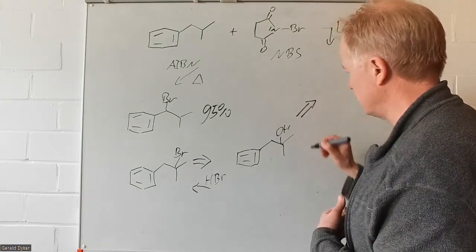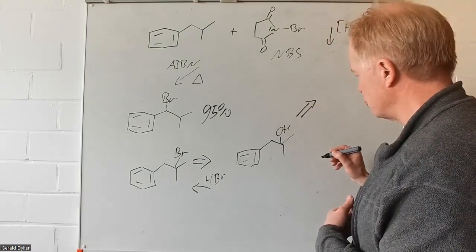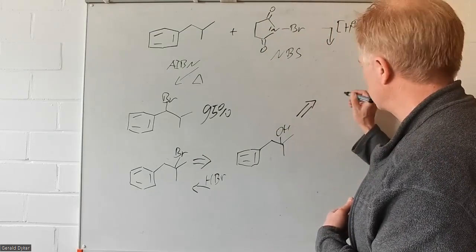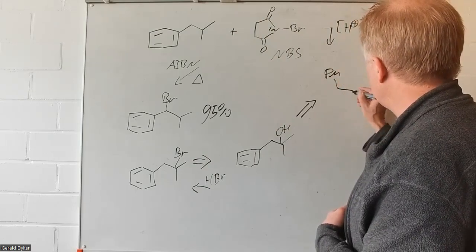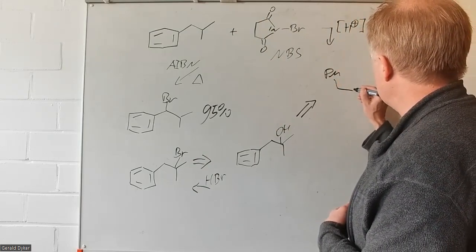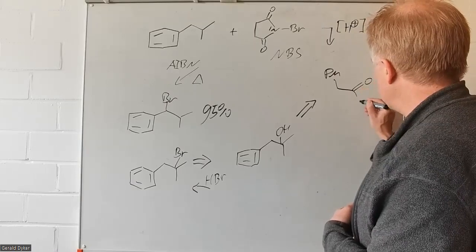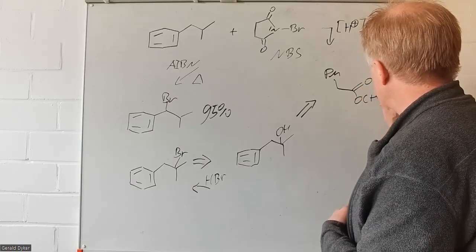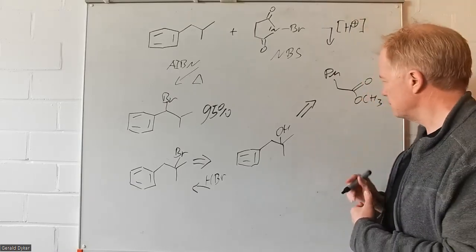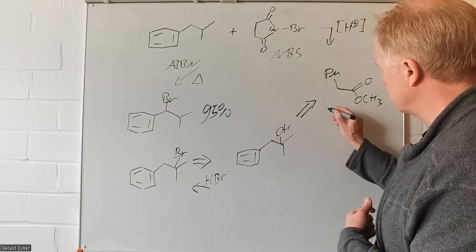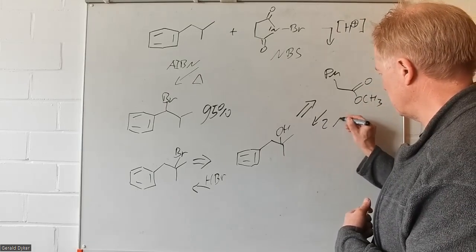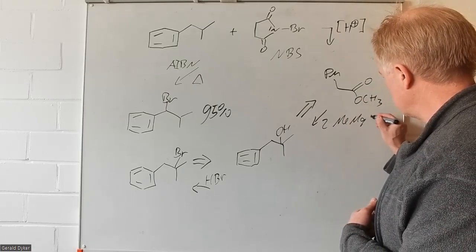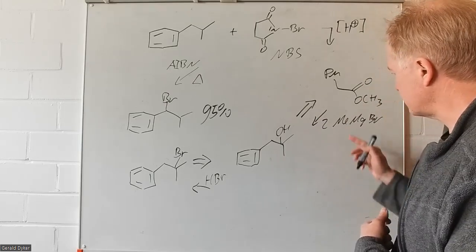In my opinion, the best way should be starting from phenyl acetic acid ester, for instance, the methyl ester, and treating that with two equivalents of methyl magnesium bromide.